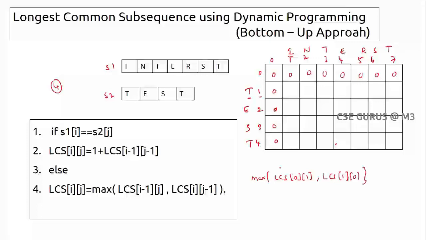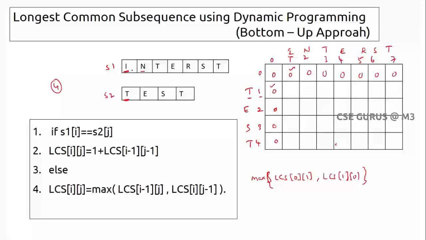The meaning is very simple. When you want to find this one, you check 0, 1, which is this part, and 1, 0, this part. You find the maximum of these two. Why the maximum? If I and T are not equal, then either I check this one, N with the remaining, or I with the remaining.